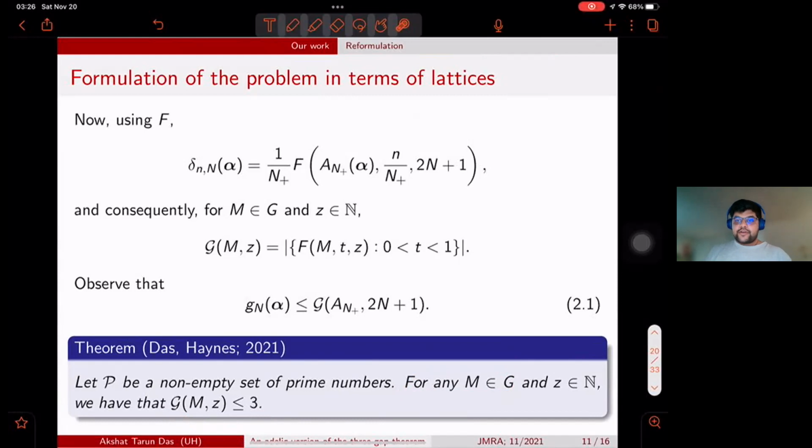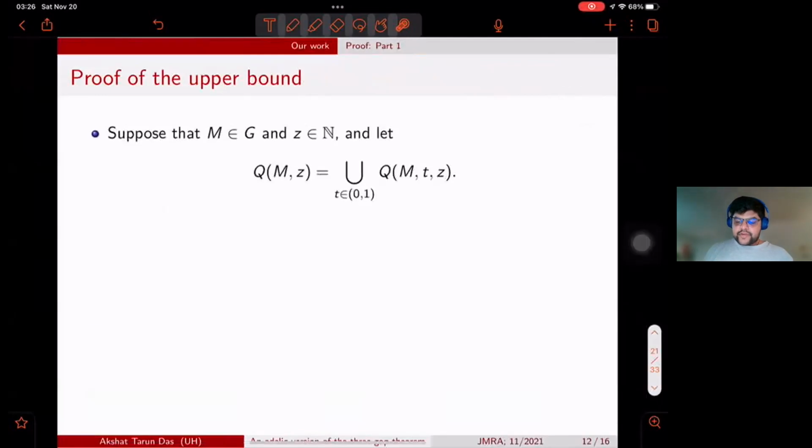So now I'm going to start talking about the first part of our proof, which comprises trying to prove that 3 is definitely the upper bound. So first, QMTZ was a collection of lattice points for a particular value of t. So QMZ is the collection of all such lattice points as t runs from 0 to 1.